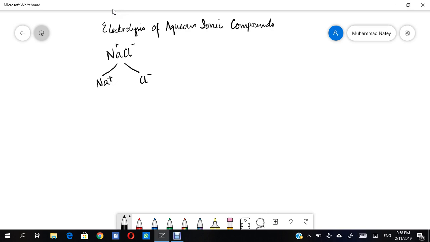So when an ionic compound is put in water, the water molecules orient themselves around it such that the partially negatively charged oxygen atoms surround the sodium ion, and the partially positively charged hydrogen atoms surround the chloride ions.